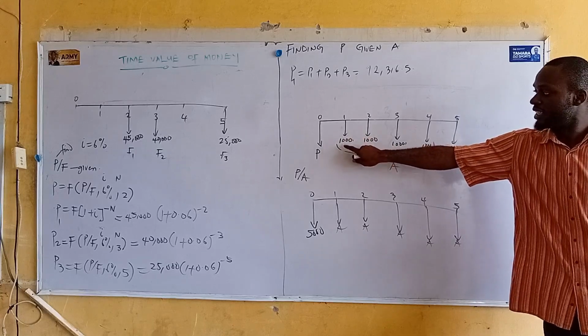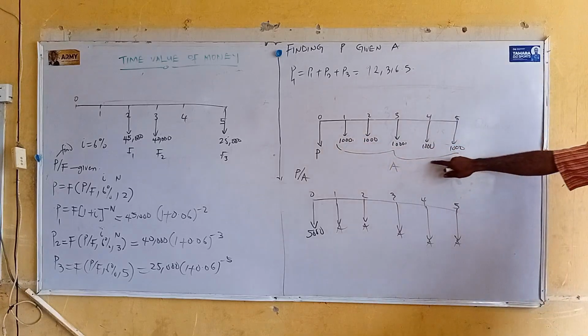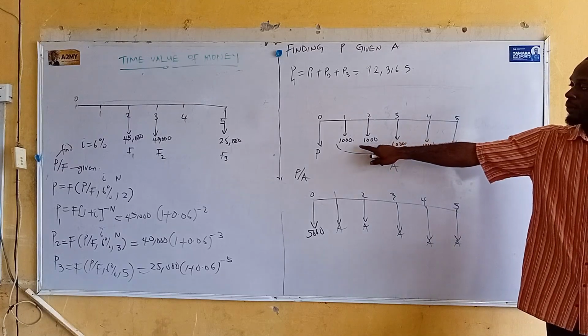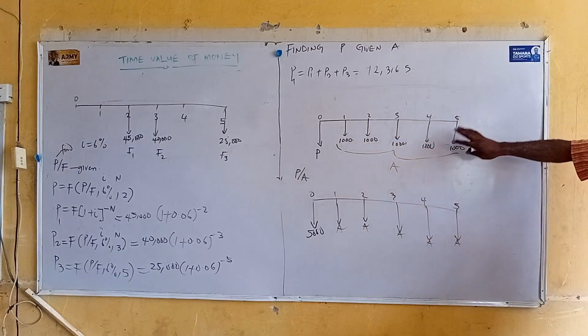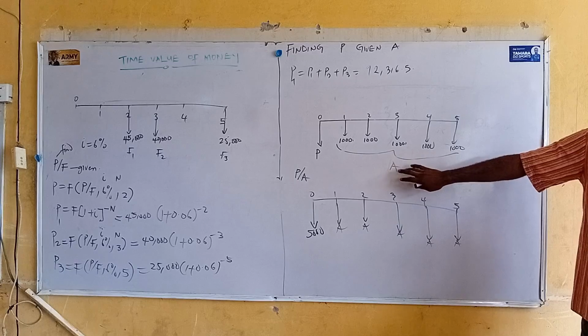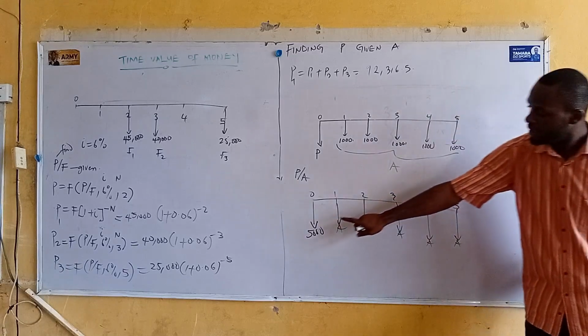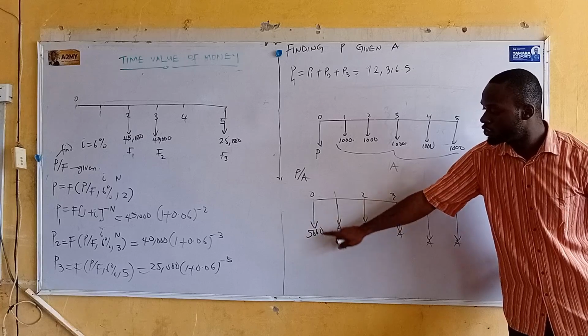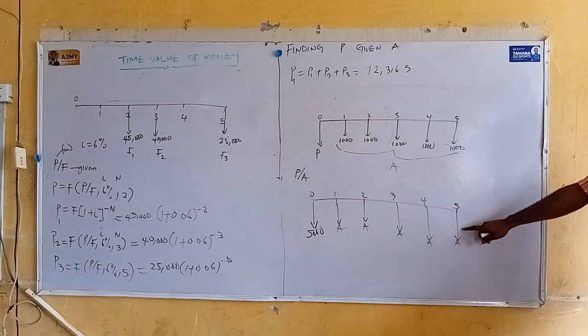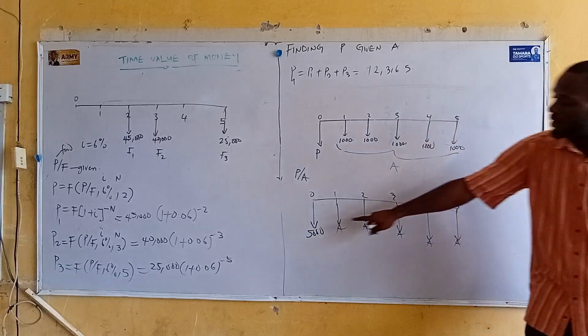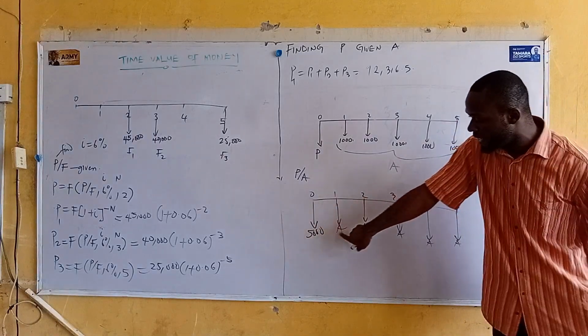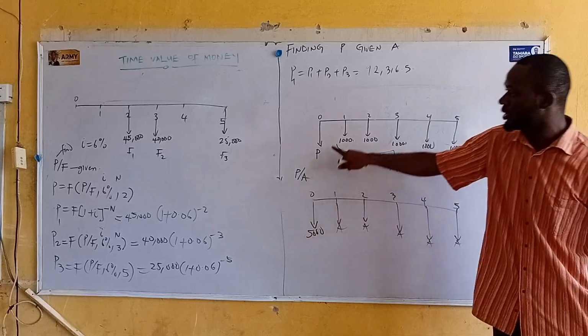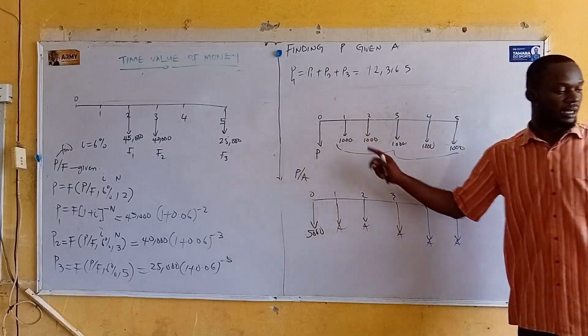It is an equal consecutive series of money, so it's A. Here, if I deposit 5,000 now, how much will I be able to withdraw for the next 5 years? Do you understand? So this is find A given P. This one is find P given A.